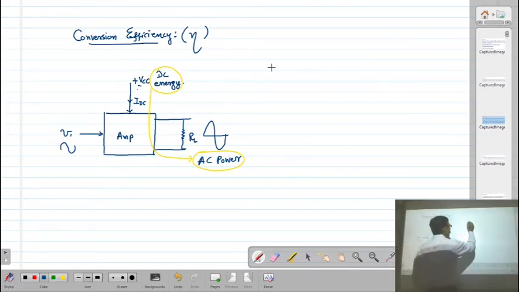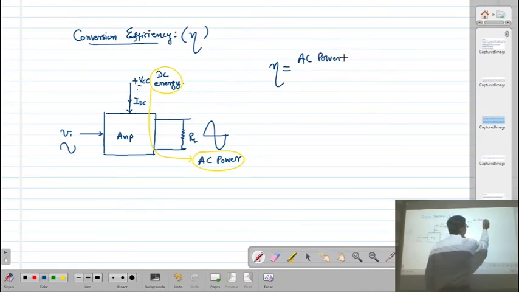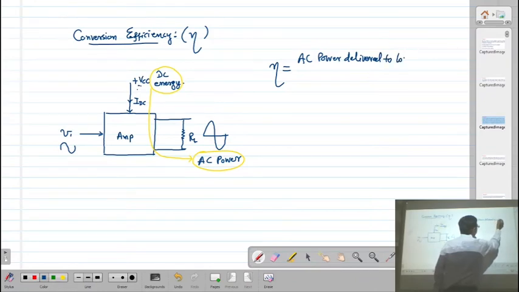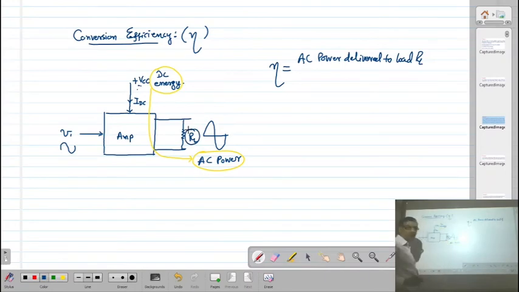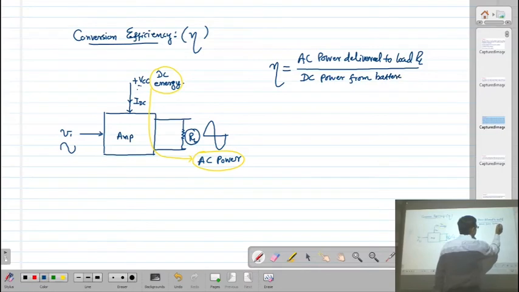So we can write that the conversion efficiency eta is the ratio of what? The AC power delivered to load RL, because you are getting the AC power in the load resistance, so AC power is dissipated in the load, divided by the DC power from the battery or from the supply.